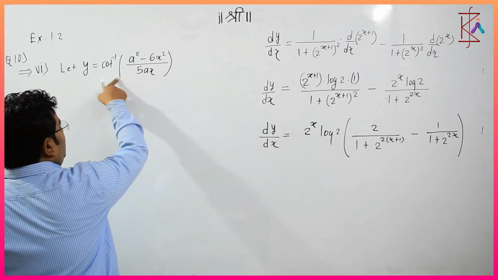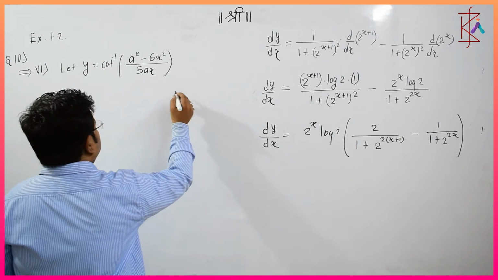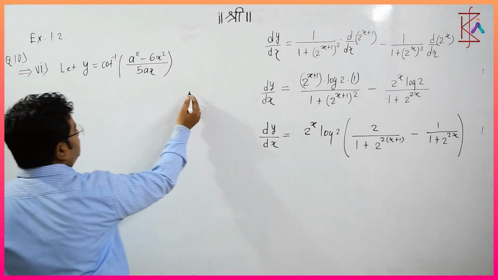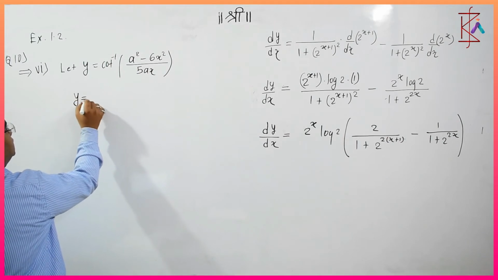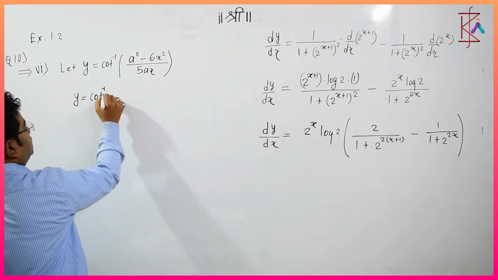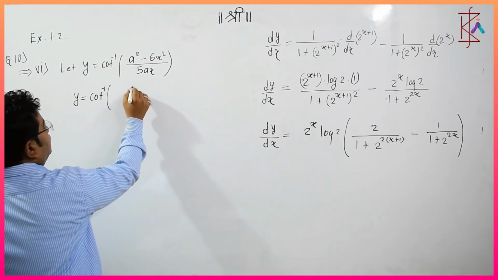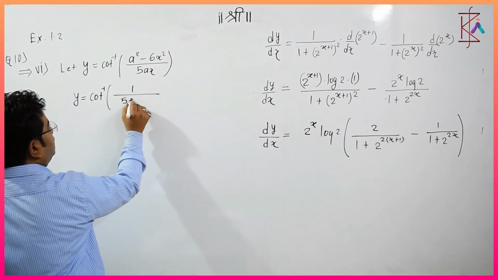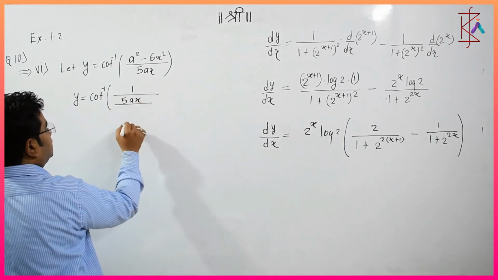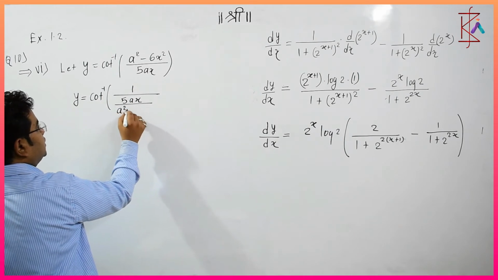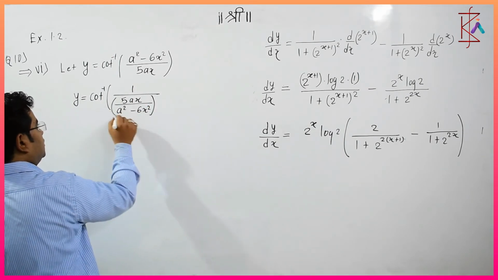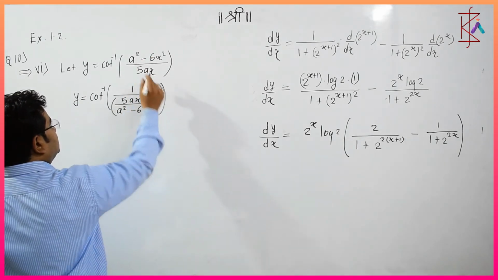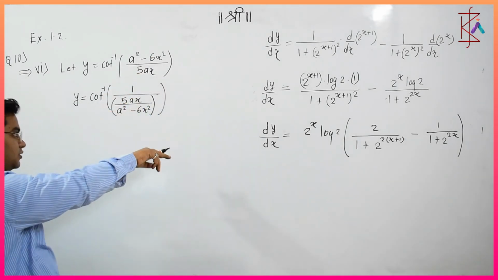So we need to apply one formula. Okay, so instead of that formula I would like to conclude to one particular part. What is that? So y is equal to cot inverse of 1 upon 5ax upon a square minus 6x square. Okay, so I am just taking the numerator to the denominator's denominator.